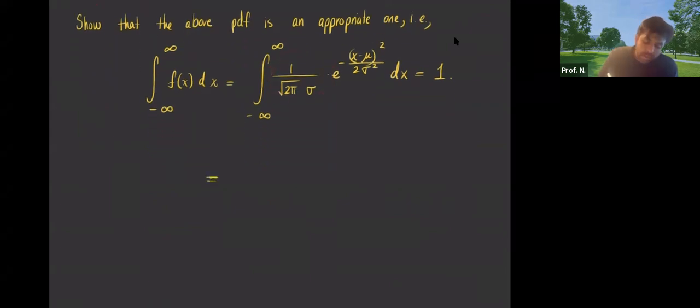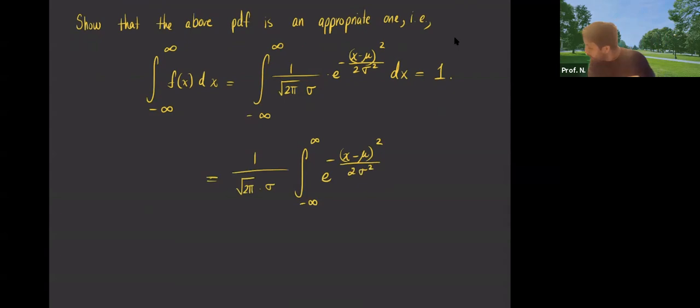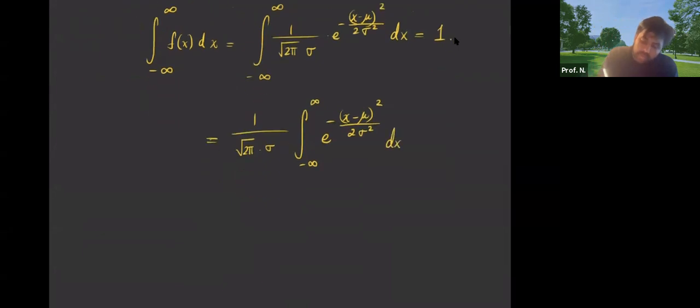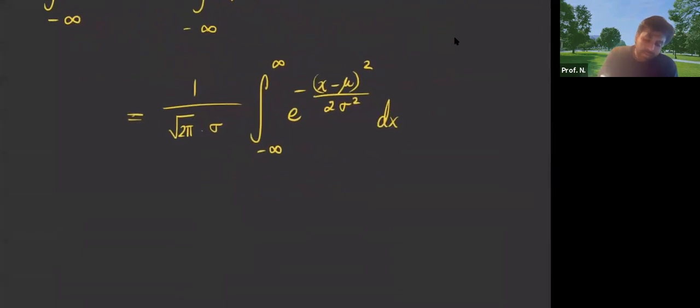So this here is 1 over the square root of 2 pi times sigma, times the integral from negative infinity to infinity of e to the negative x minus mu squared all over 2 sigma squared dx. So really, I care only right now about this. I want to show this is true.